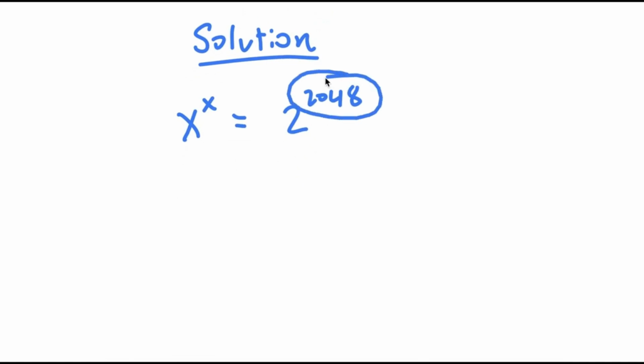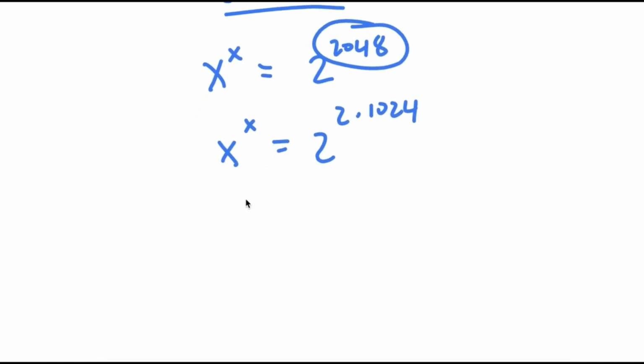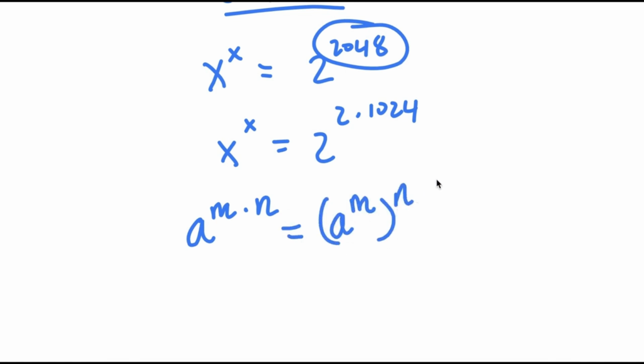And now I'm going to rewrite 2048 here as 2 times 1024. Now, if I have something in the form a to the power of m times n, this is equal to a to the power of m to the power of n.